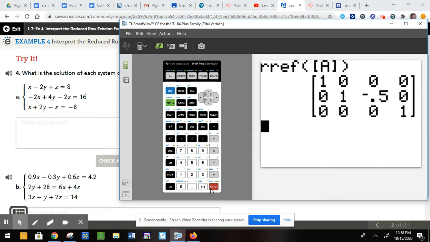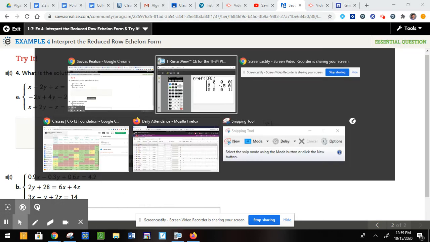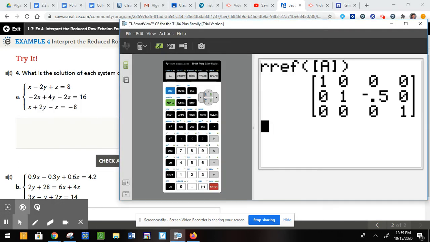What it looks like is pretty similar to what happened on the last one. If we look at it, that means x equals 0. So basically this is another situation where there is no solution. The reason why there's no solution, as opposed to infinite solutions, is there are false statements here.